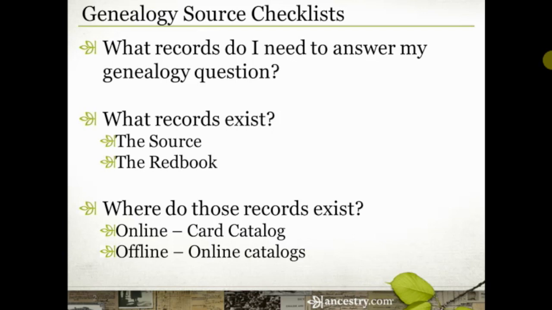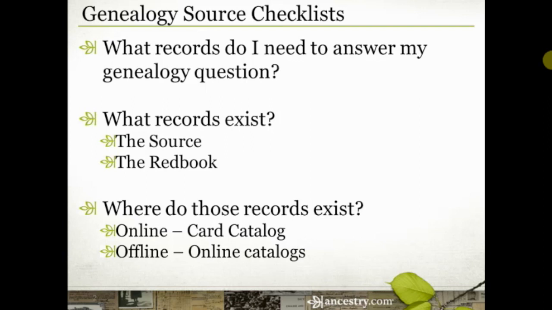So you can quickly get an idea for what records exist offline, and then make a note to yourself that you need to do further research in those records, or that you need to hire somebody who lives near or works in one of those archives to do a record pull for you.